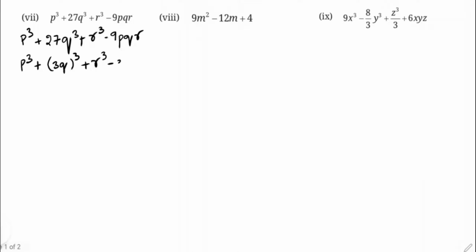So a is p, b is 3q, and c is r. Okay, so let us write down the formula.